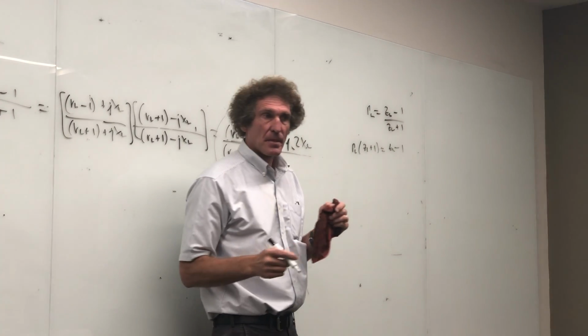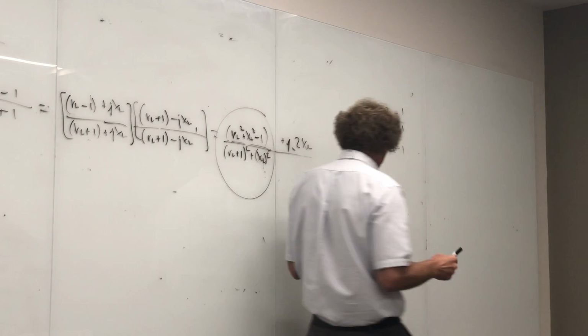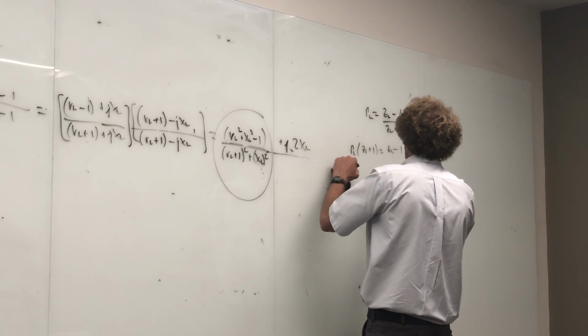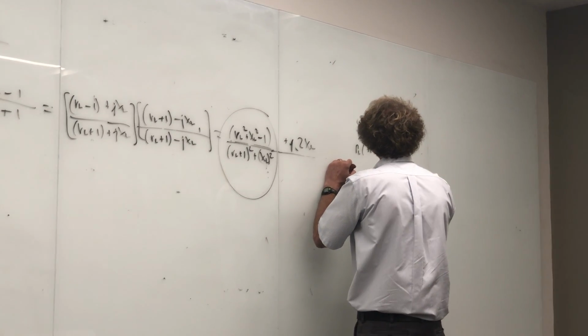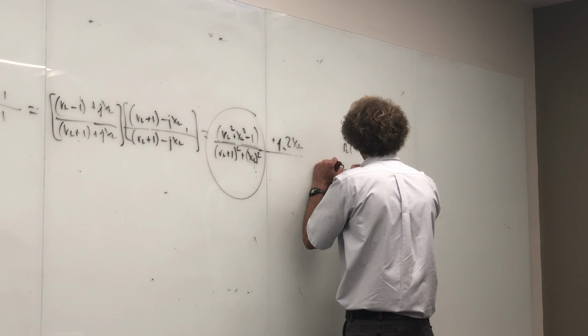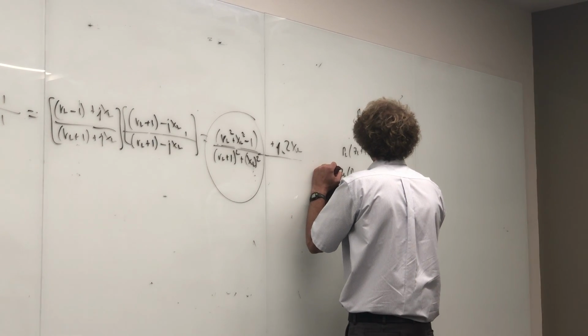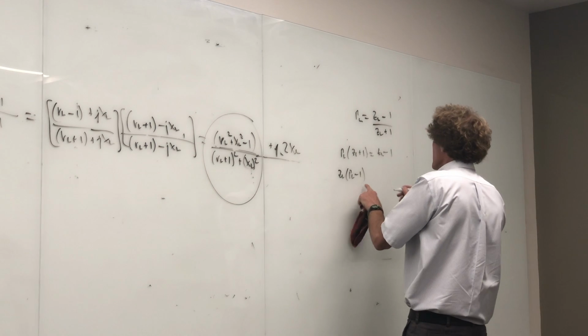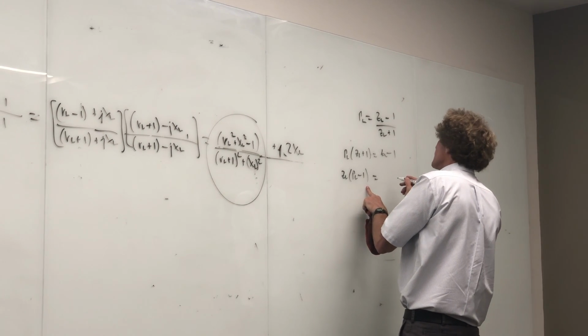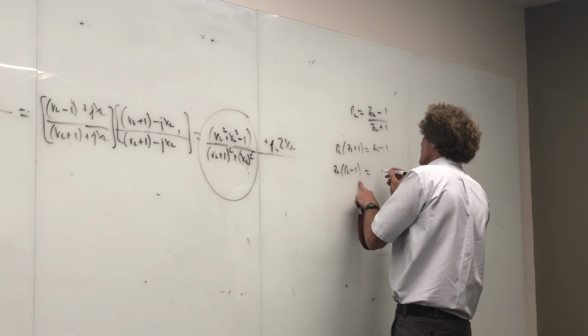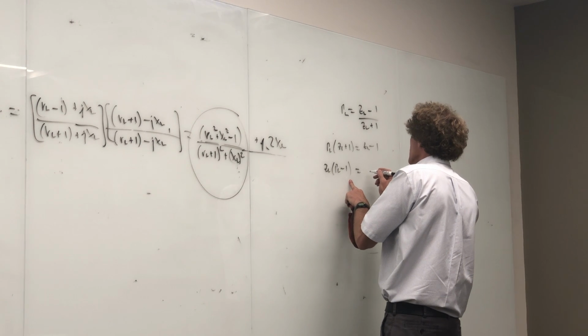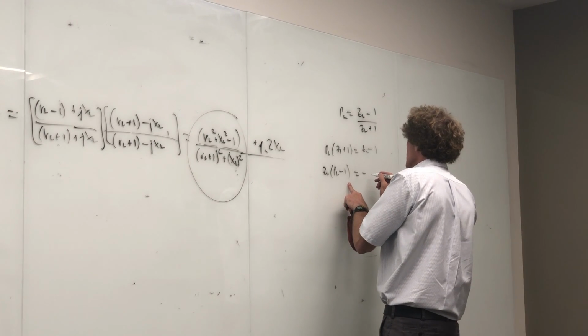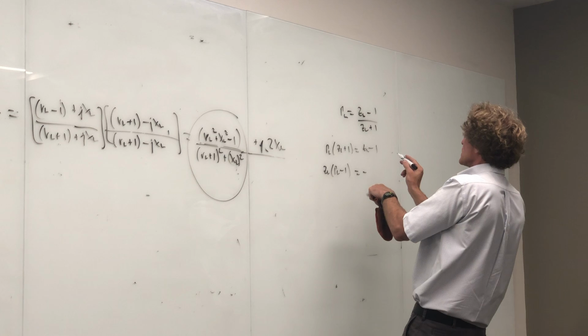You follow me on that? And when I've done that, then I can go ahead and say, I have z_L times gamma_L minus 1 would be equal to, let me just see here for a second.